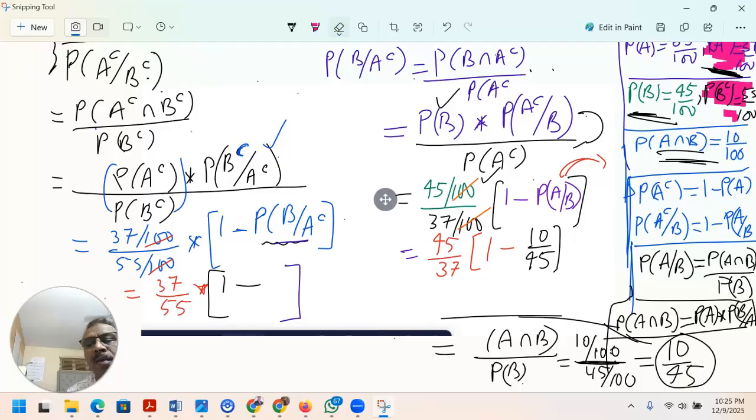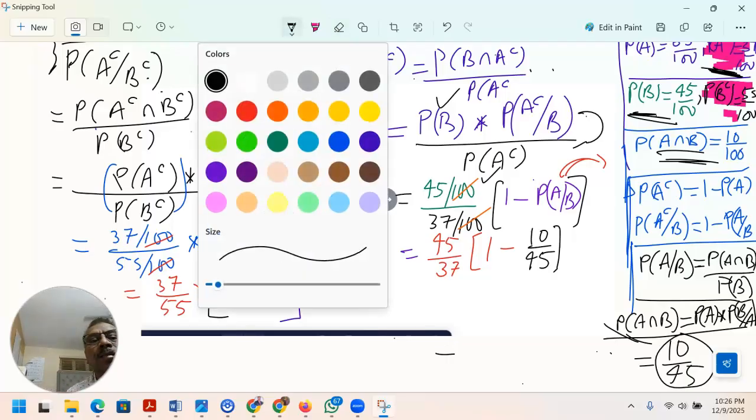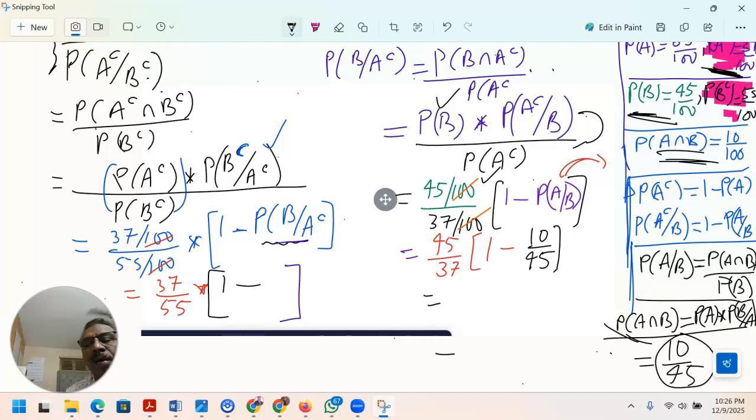Now that we already know this, let's work this out. So this will be 45 over 37, and I'll multiply here by 45. So this one is 45 divided by 45, and the reason is I have a 45 here.